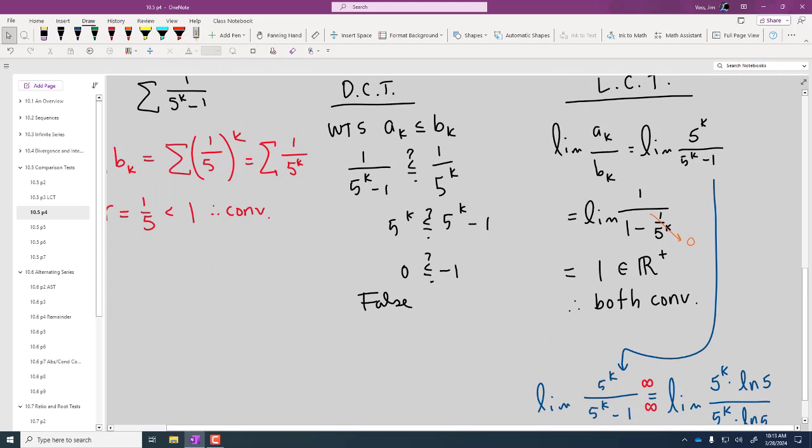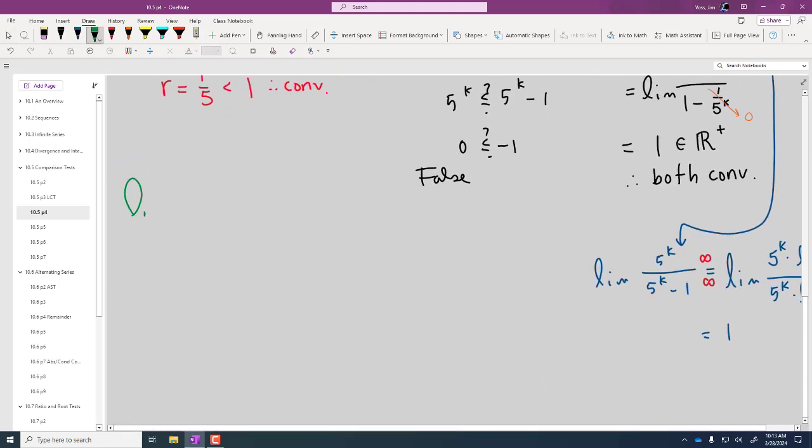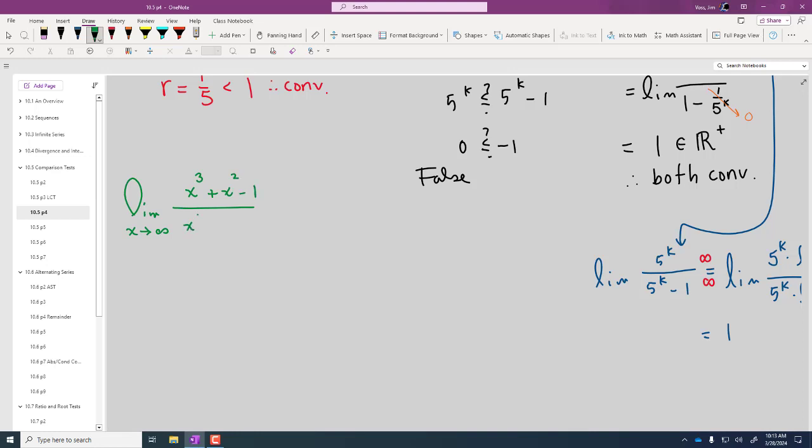So the dominant term strategy is very similar to what you recall about taking a limit at infinity. Let's suppose we're taking the limit as x goes to infinity of something like x cubed plus x squared minus 1 over x to the 5th plus x cubed plus 3. What we do here is grab the x to the 5th and divide everything by x to the 5th, so this becomes 1 over x squared, 1 over x cubed, 1 over x to the 5th.